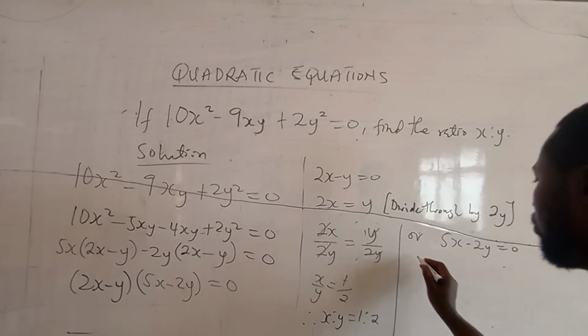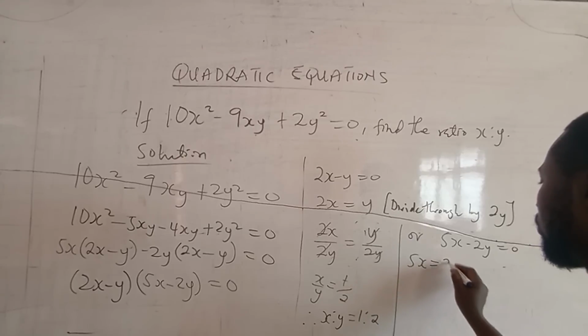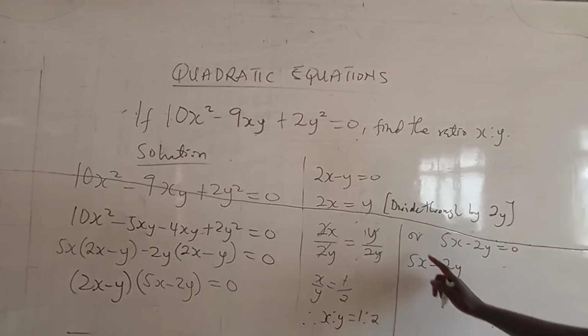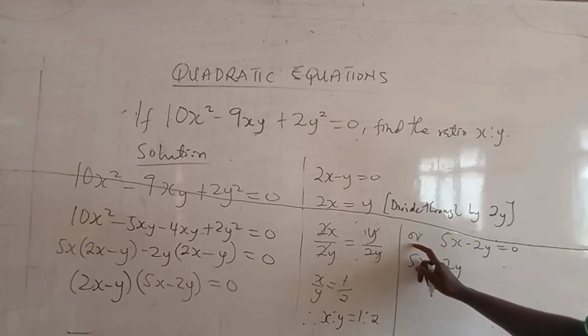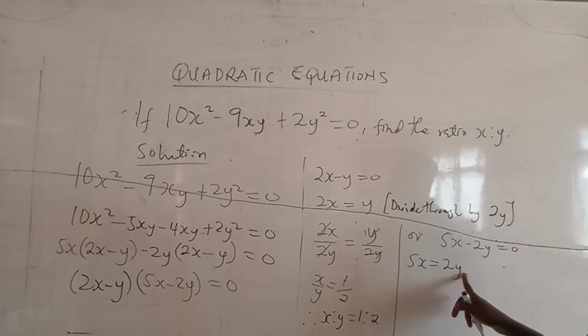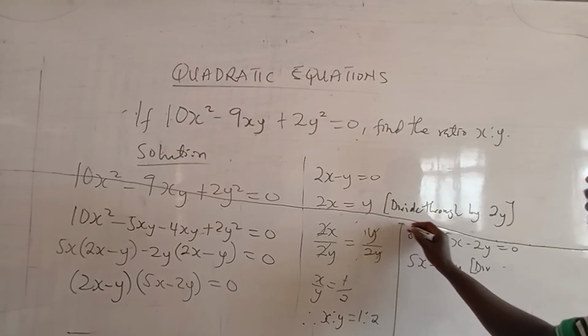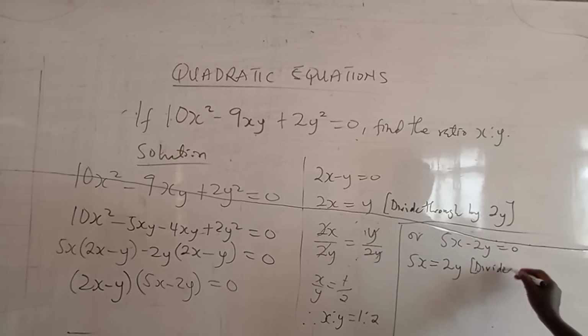Then that's what you do. You put the 5x at one side equal to 2y at the other side of the equal sign. You take the coefficient of x, which is 5, and you multiply by the variable y, so it will be 5y. So we divide through by 5y.